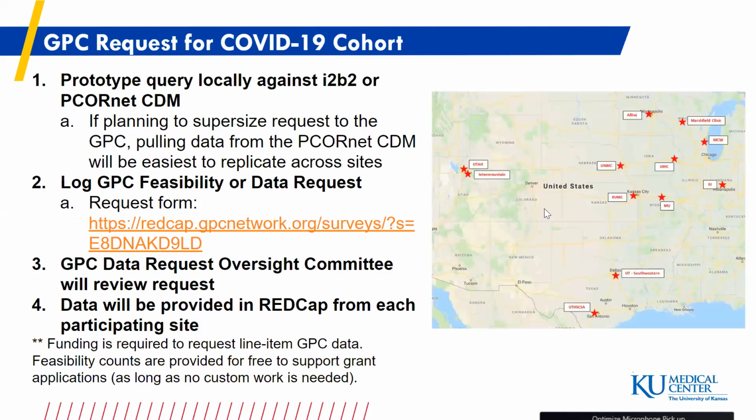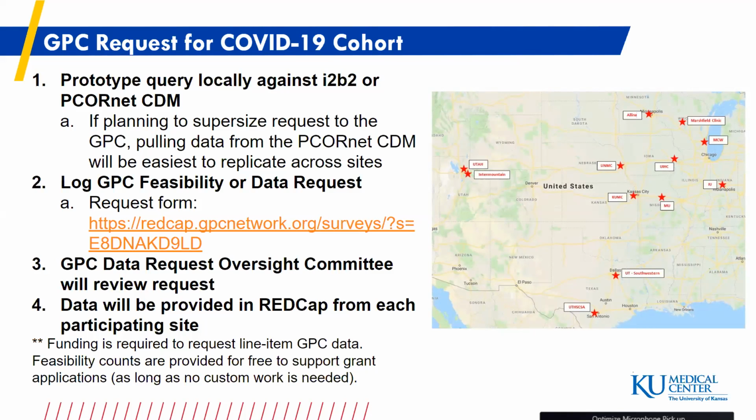So in order to work with the whole GPC network, here are the steps you want to go through. Usually it starts from having feasibility counts, which can help you to identify whether you want to work with all the GPC sites or some of the GPC sites.